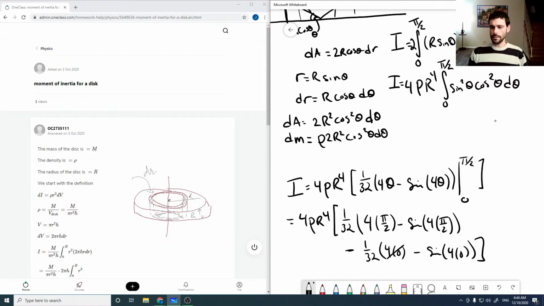So obviously that's 0, so this whole term is 0, and that's sine of 4 pi over 2, which is the sine of 2 pi, which is 0.